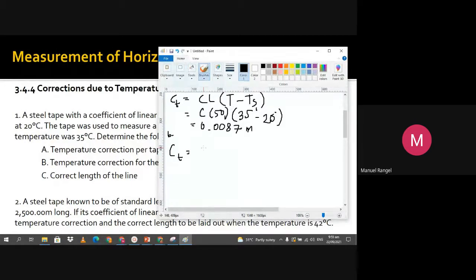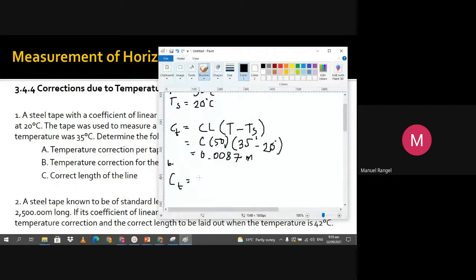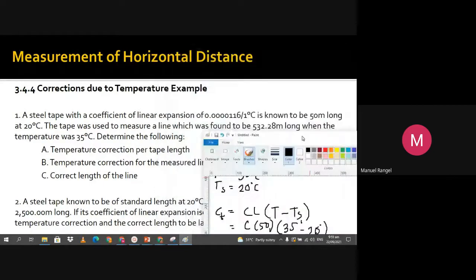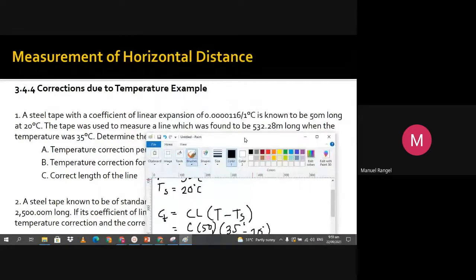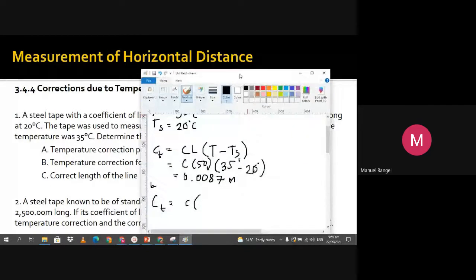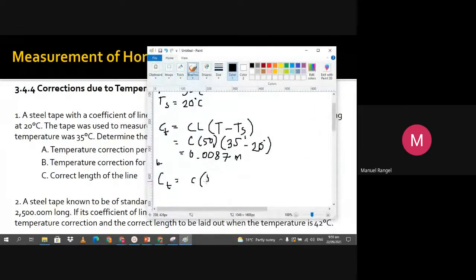So that is equal to 0.0000116 gihapon, C. So the measured line is 532.28 meters, times T minus TS, 35 minus 20 degrees.